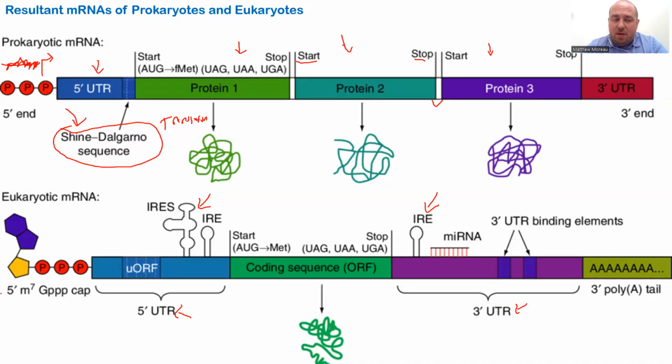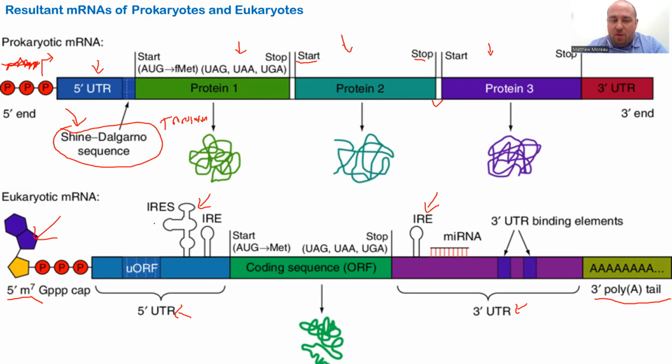There is the 5-methyl-7-guanine cap, which is really important for triggering nuclear escape of the mRNA and migration to the ribosome. And then there is the ever-present poly-A tail, which is unique to eukaryotes.